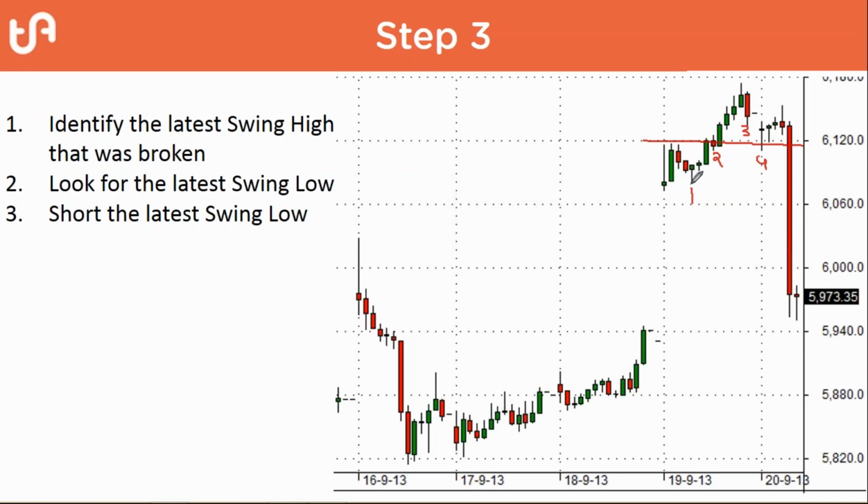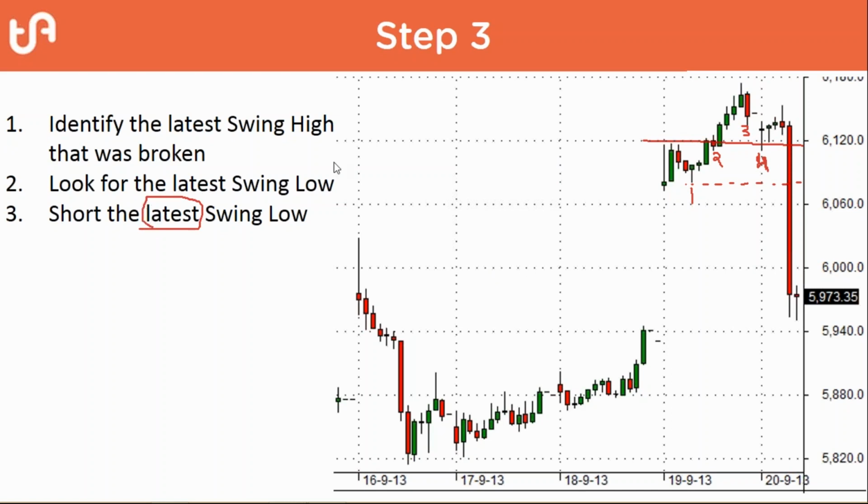Guys, those of you who say 1, I would not say that you're wrong. That makes sense because that was a swing low before the swing high was broken. But after which it made a swing high here, 4, alright? 4 was the new swing low which was made. So if you see the rule, it says short the latest swing low.